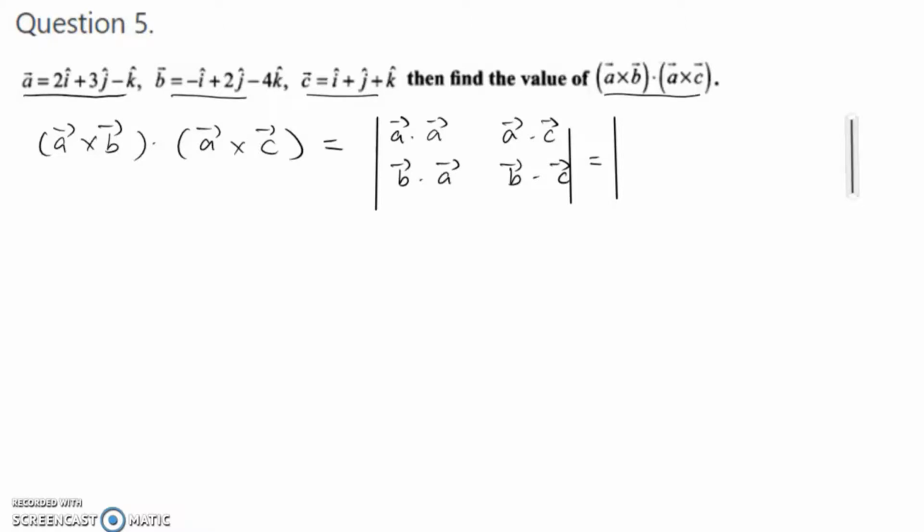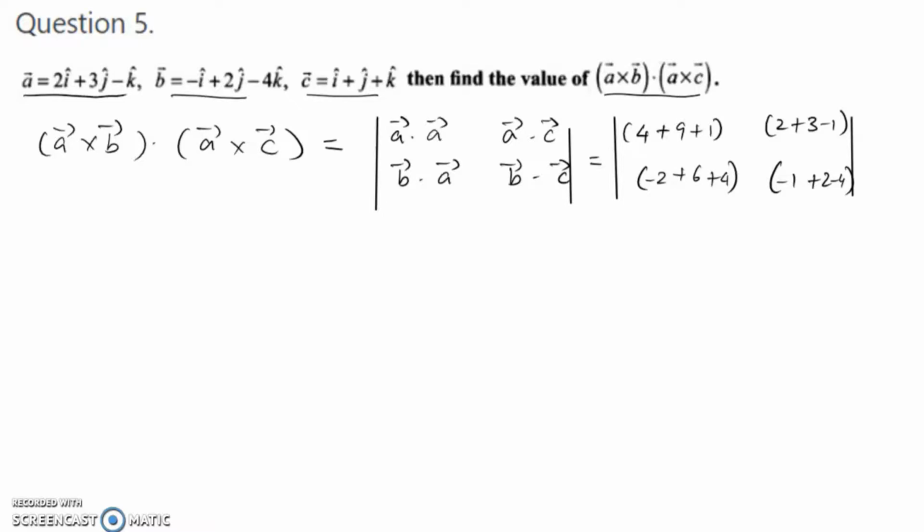okay, A dot A will be 4 plus 3 squared is 9 plus 1 squared is 1. Similarly, A dot C will be 2 plus 3 minus 1, and B dot A will be minus 2 plus 6 plus 4, and our B dot C will be minus 1 plus 2 minus 4.